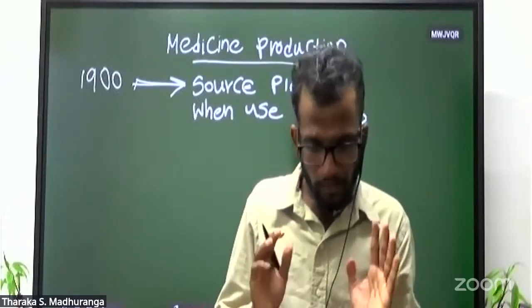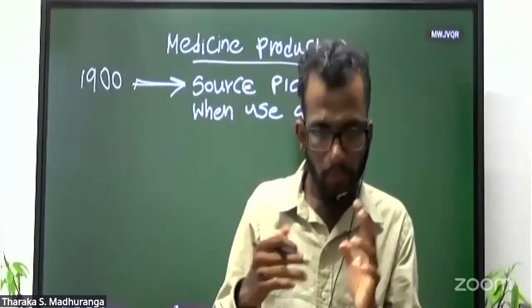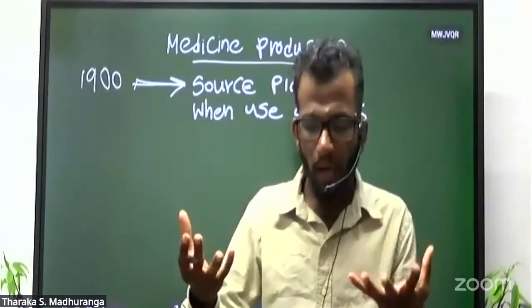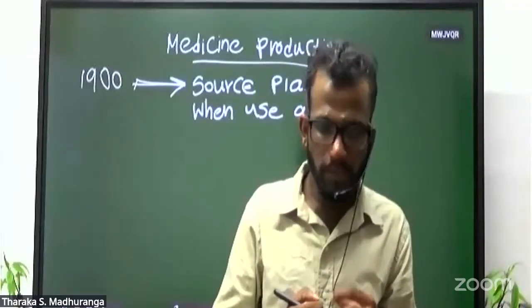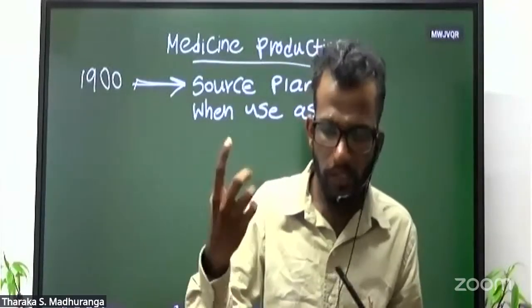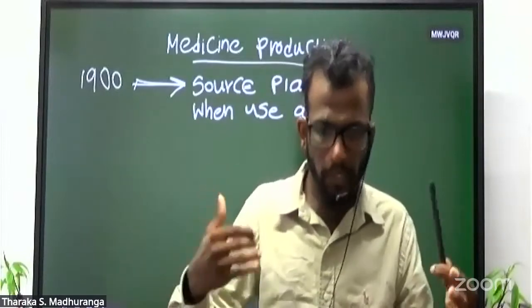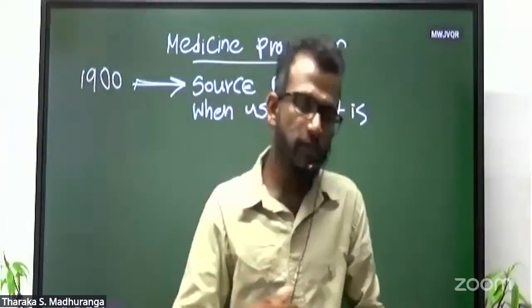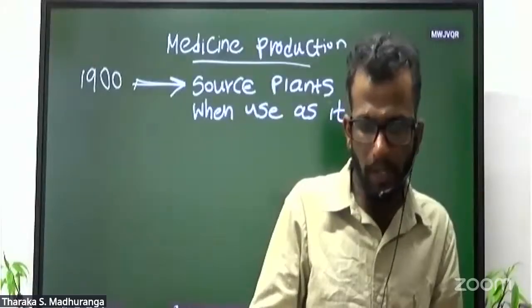Okay. That means at the ancient time, for medicine production, they had identified some plants good for some diseases. Therefore, they used this plant material as it is. There was a problem when it was continued. A lot of side effects came because of other impurity materials in the source plants.